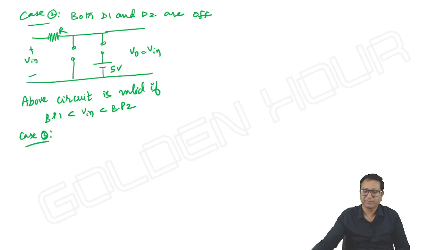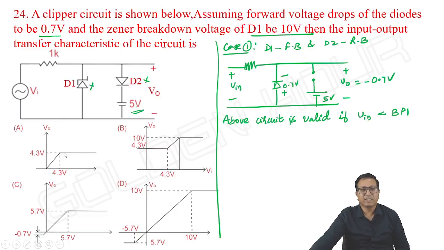Case 3. Input is greater than 5 volts, or greater than breakpoint 2. Then what happens? D1 is anyway reverse biased. D2 is forward biased, which means it maintains a voltage of 0.7 volts across it. Okay, it looks like D1 has a breakdown voltage of 10 volts. So what I am doing is, input is greater than breakpoint 2 and less than breakpoint 3.